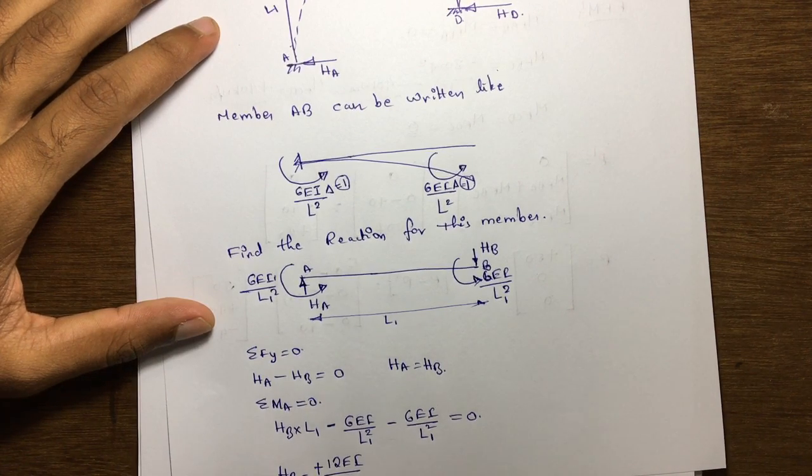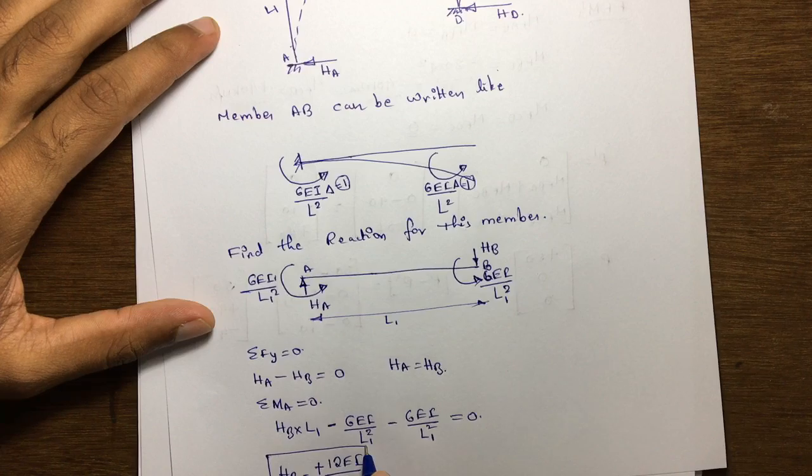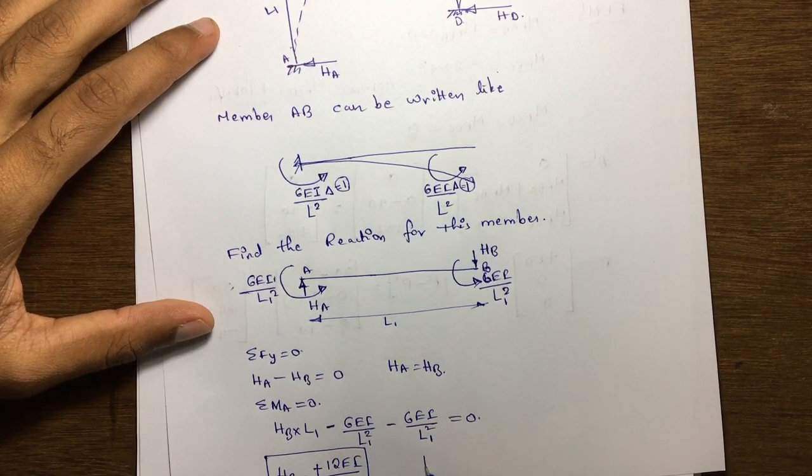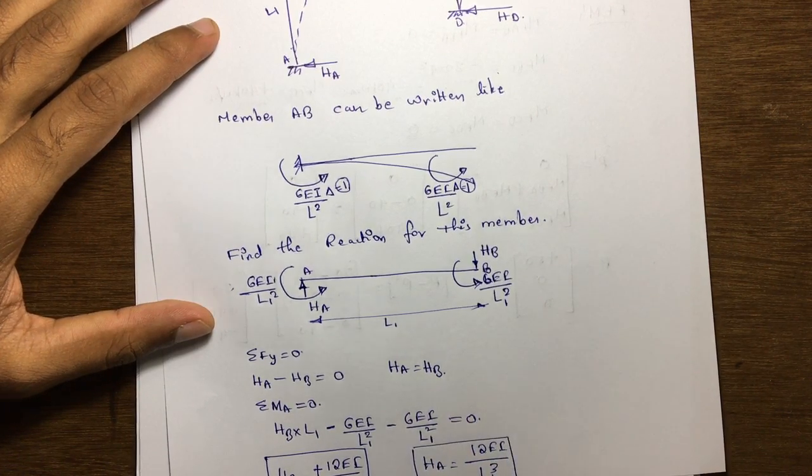If I simplify, HB is equal to 12EI by L1 cube. Similarly HA is equal to 12EI divided by L1 cube, because HA is equal to HB.